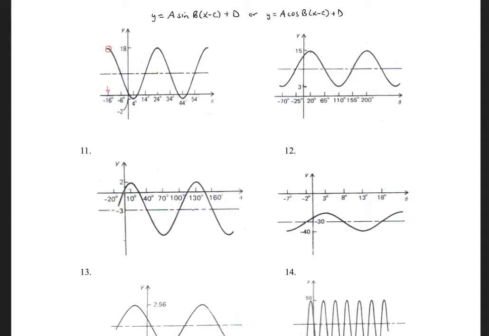If we imagined it starting right here, since that's in the middle of the graph, and the graph goes down for a loop below, that would be a negative sine curve. If we imagined it starting right here, since that's a low point, that could be a negative cosine curve.